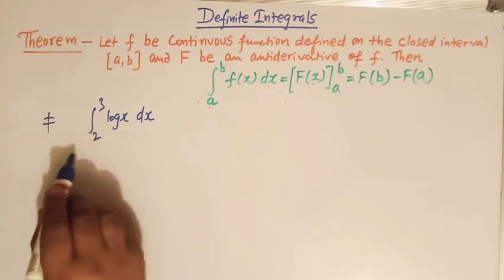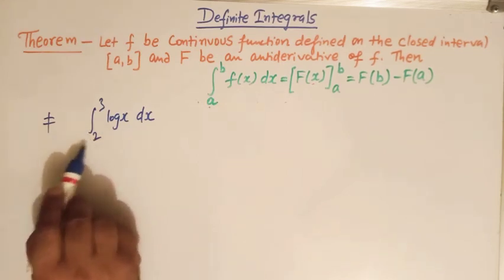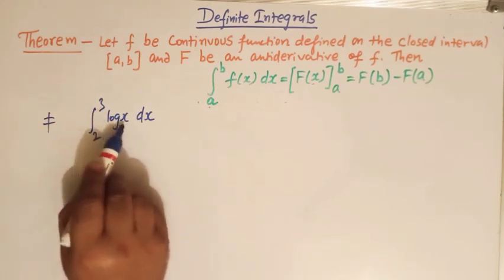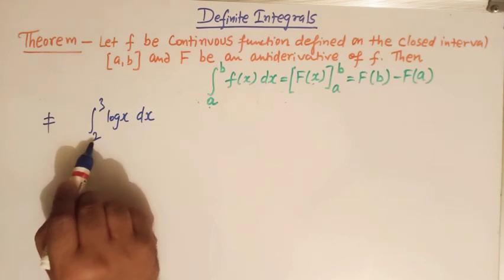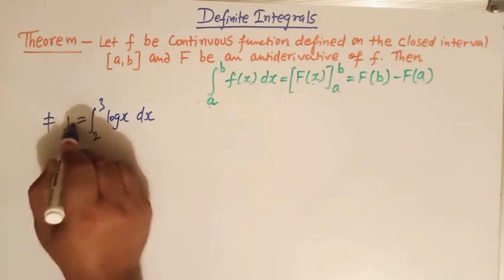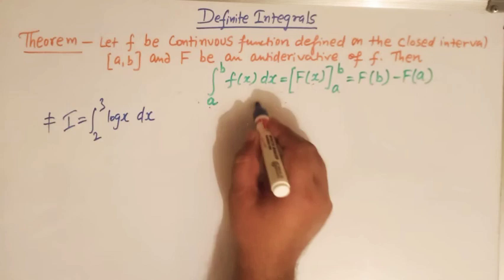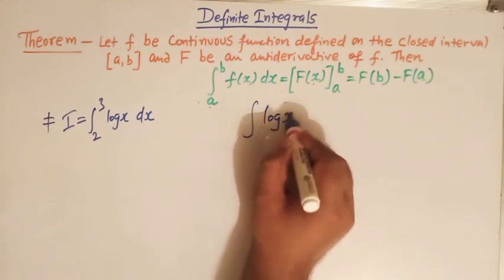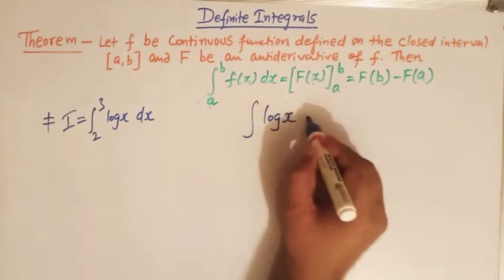Now viewers, let us take this problem. Here we have to integrate log x from the limits 2 to 3. So let us call this integral I. Now we have to find the indefinite integral of log x.